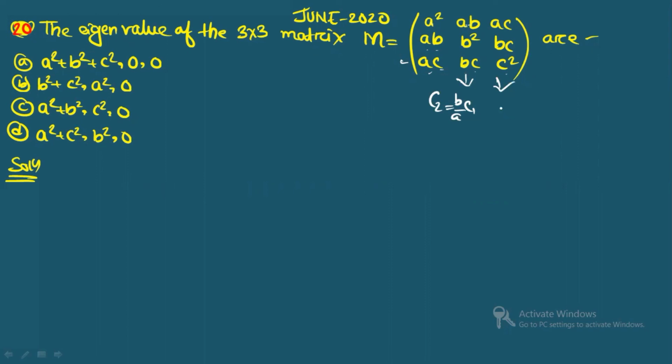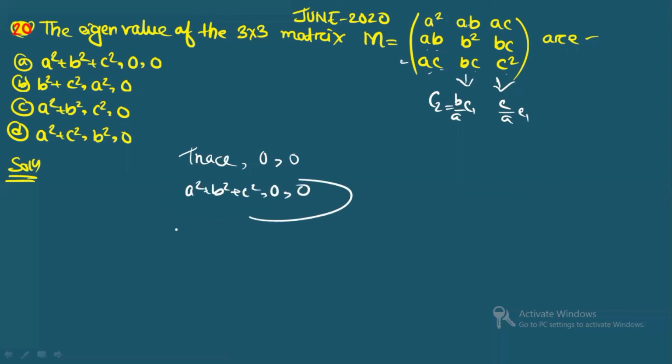And if you do C by A of C1, then you will get this particular column. That means here the second and third columns are scalar multiples of a particular column. So the eigenvalues will be the trace, right? One eigenvalue will be the trace and the others will be 0. The trace is the sum of the principal diagonal elements. So it is A square plus B square plus C square, comma 0, comma 0. All right. So the correct option is option A.